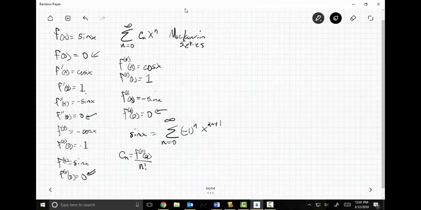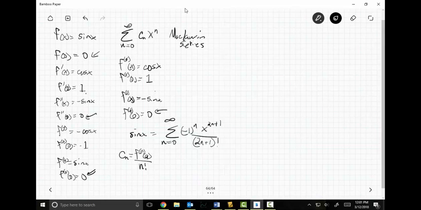Now remember, it's x minus 0 to the n, but I'm accounting for the fact that I need to have only values that return odd numbers. Otherwise, I'm going to get zeros. And then this is going to be over, well, again, remember, this and this have to match. So this is going to be 2n plus 1 factorial.